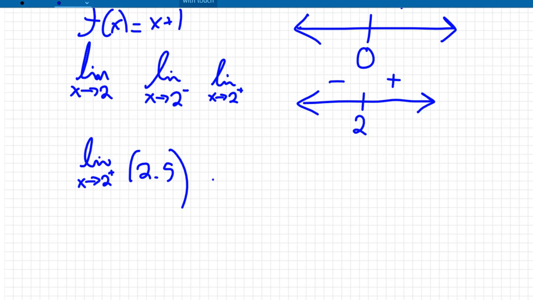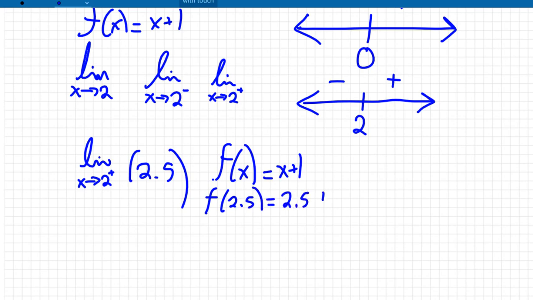So function of x equals x plus 1. So a function of 2.5 equals 2.5 plus 1. 2.5 plus 1 is 3.5. Pretty straightforward.